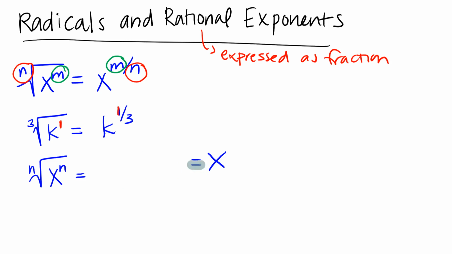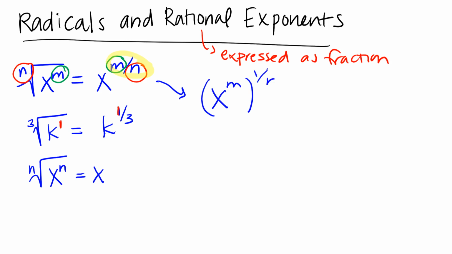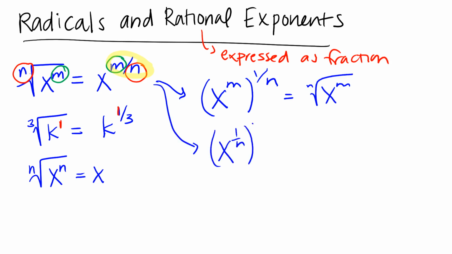And then we have the other way to express these things, which is, since radicals and exponents are basically both exponents, it doesn't matter which of these 2 we deal with first. So we can take something like this and think of it as x to the m to the 1 over n, which would be x to the m inside of an nth root, or we can think of it as x to the 1 over n to the mth.